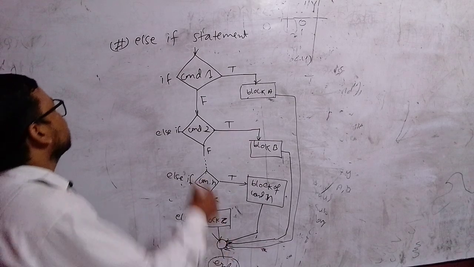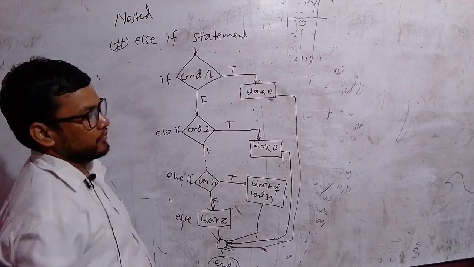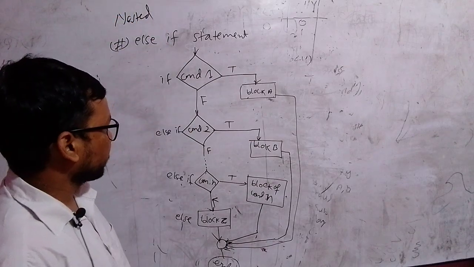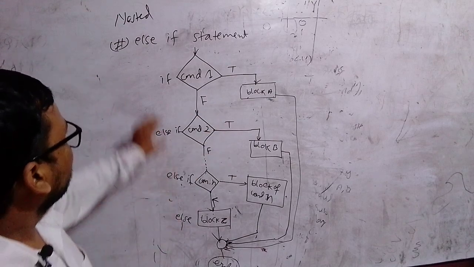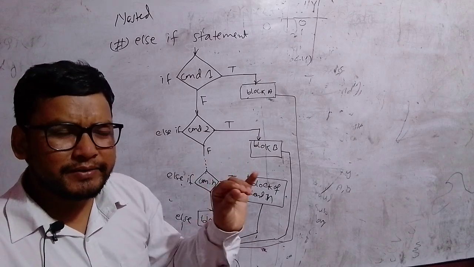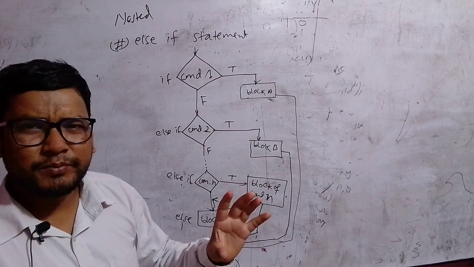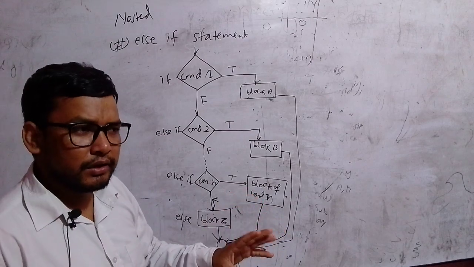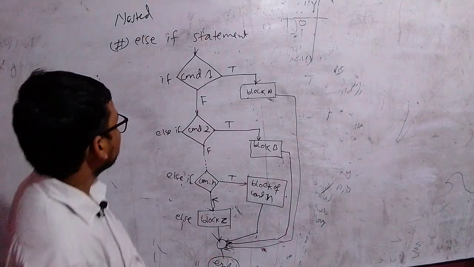Now, what is the nested else if? Let's understand from this figure. If an if, else, or else if block contains conditions, such as an if condition or else if condition, then this is called nested conditions.